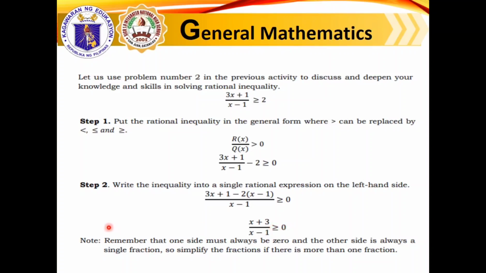Take note. Remember that one side must always be 0 and the other side is always a single fraction. So simplify the fractions if there is more than one fraction. So the left side must be simplified and the right side should always be equated to 0, and copy the symbol.